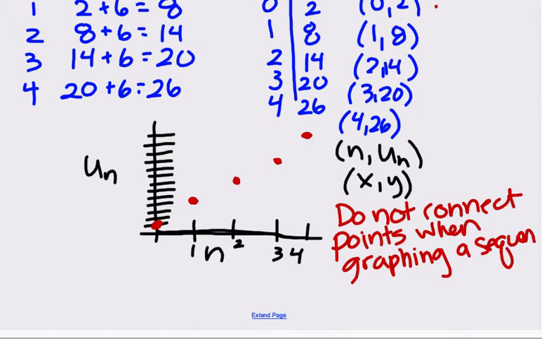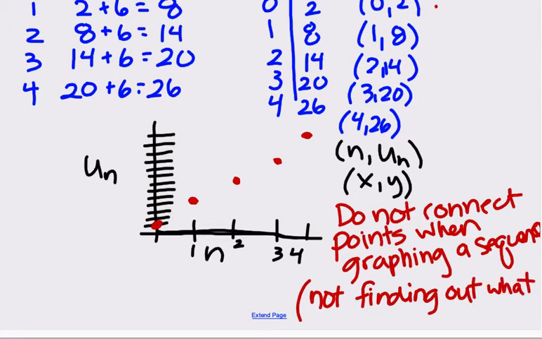It's a subtle distinction, but it really shows you know what you're doing, because you're not finding out what happens between the steps. That is what it means to be discrete.